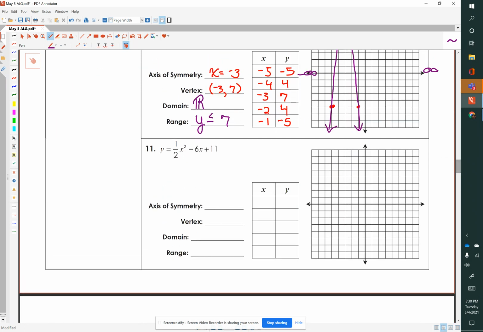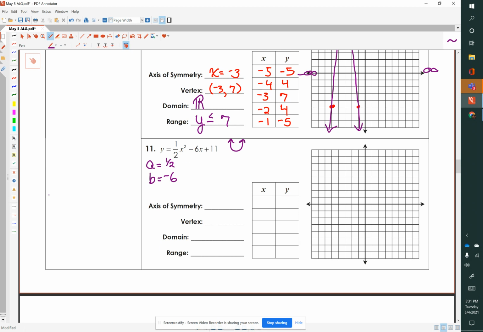And let's do number 11. So don't be afraid of the fractions. Don't get fractionitis on me here. So our a value is 1/2. I guess if it's easier, you could work with a decimal. I choose not to. And it's a positive a value, so our parabola will open upward. Our b value is negative 6, so be careful evaluating.